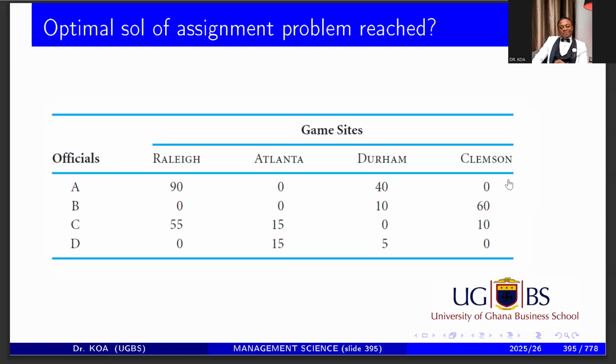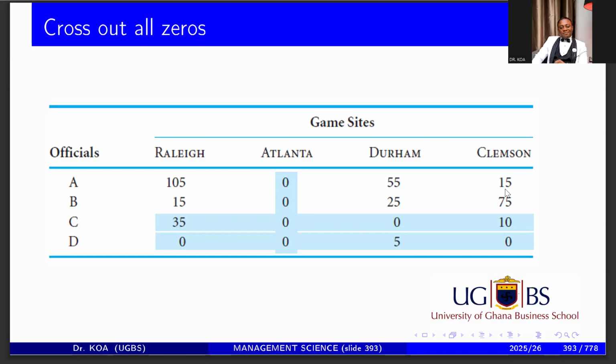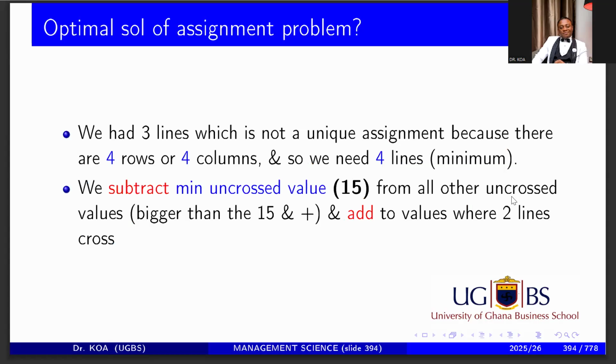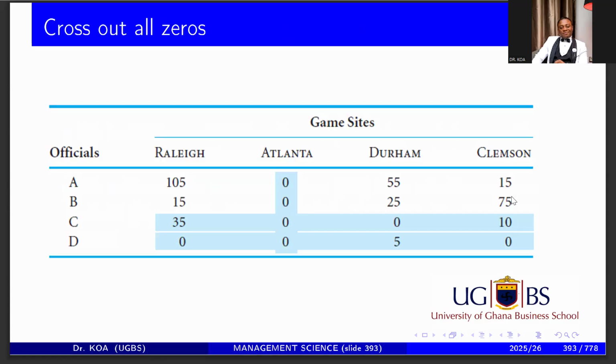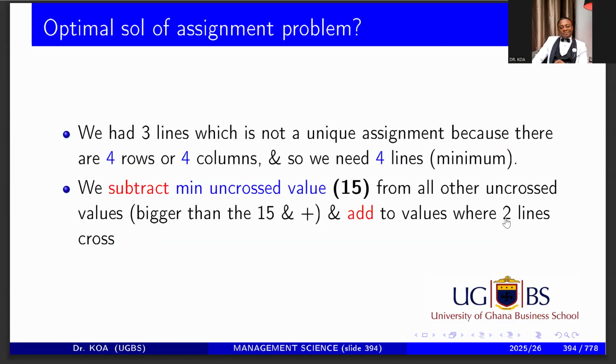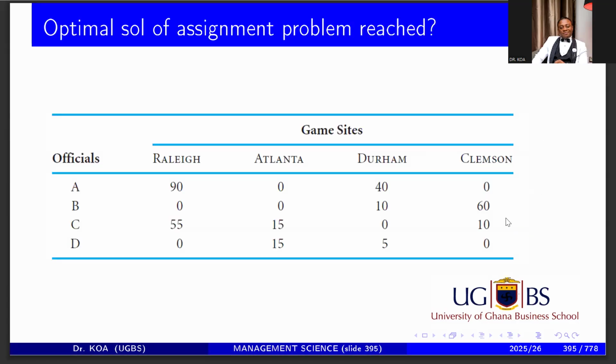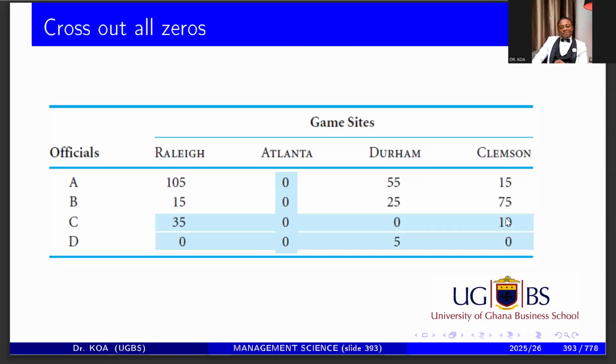You take the 15, you subtract it from 15, you add it to, you subtract the 15 from here, you subtract the 15 from there, okay, but you don't touch where it is positive unless it is 0. Hold on. I may have made some typos myself. Hold on.